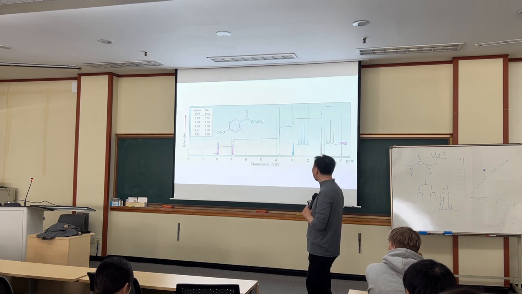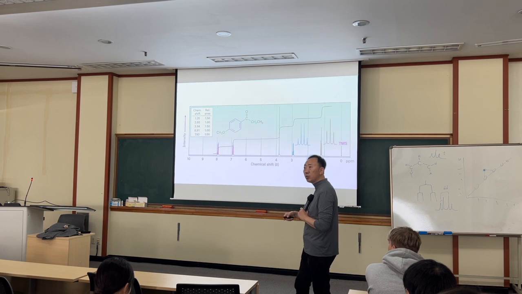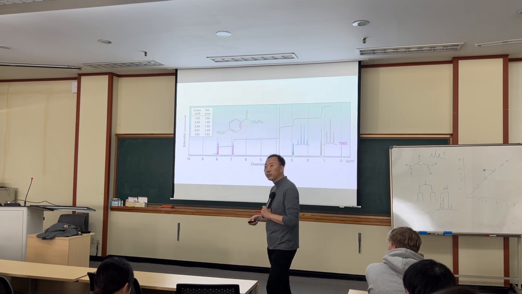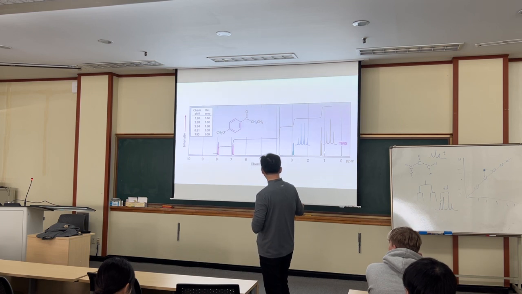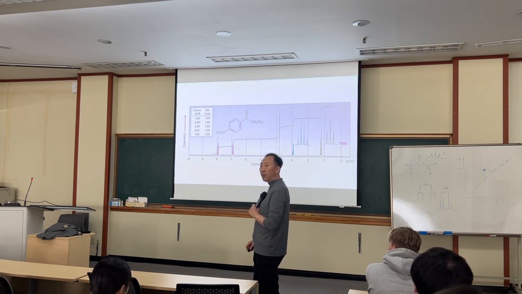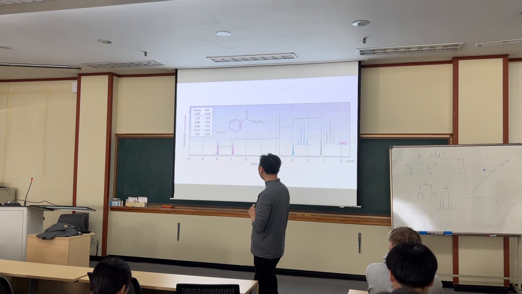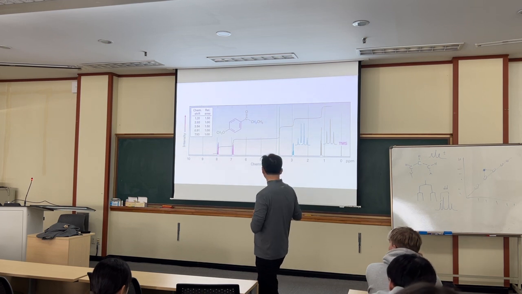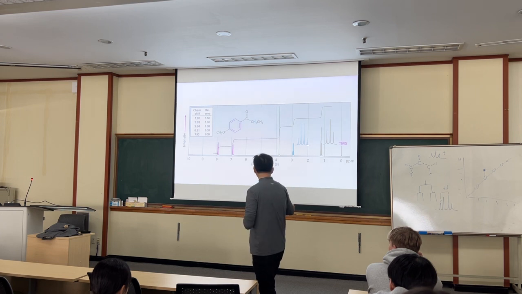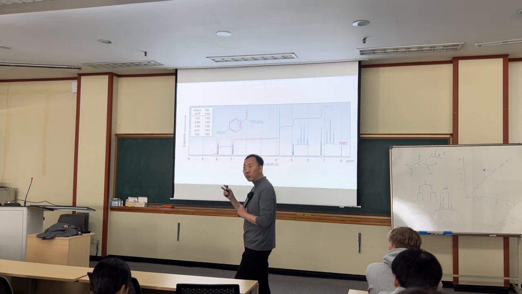This triplet CH3 has no chance to be attached to a heteroatom. It's only connected to carbon, that's why this triplet usually comes around 1. And this one has a chance to be attached to other heteroatoms, that's why usually this quartet comes a little downfield. If you look at this pattern together, there may be an ethyl group.